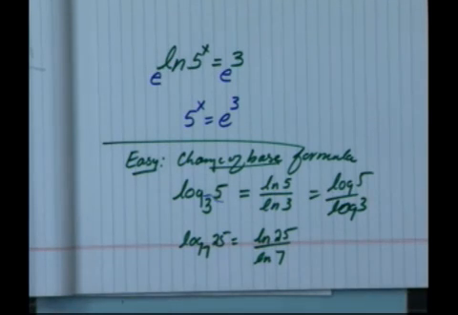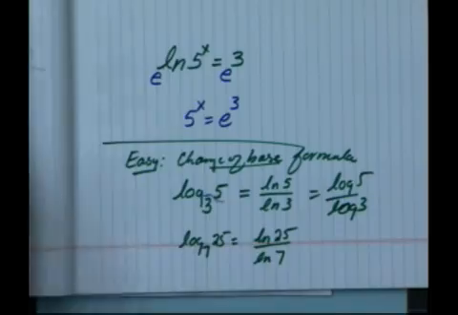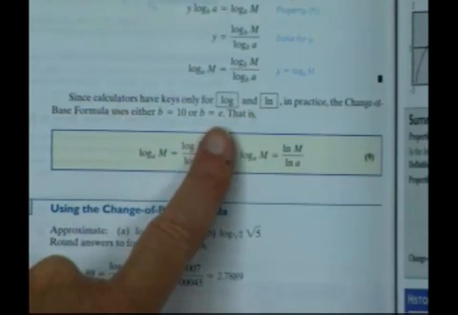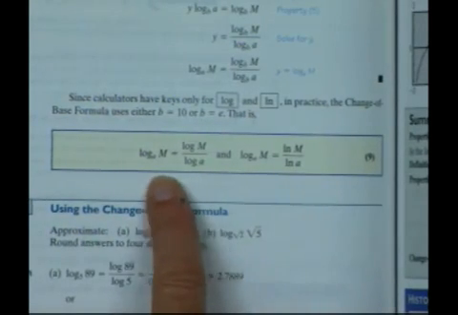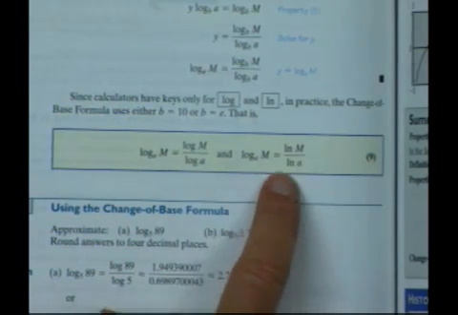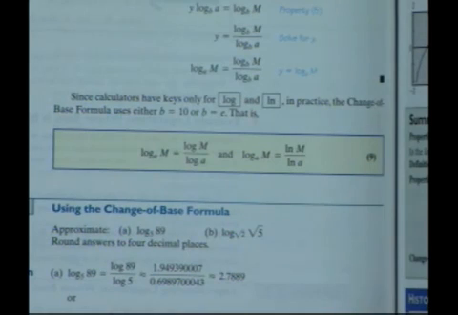All right, you should be in brain overload with all these little theorems. There are so many of them. Actually, what I just did is over on page 454, in the middle of the page. And again, this is because your calculator only has common log and natural log. Log to the base a of m, there it is with the common log, and there it is with the natural log. Okay, with lots of examples.